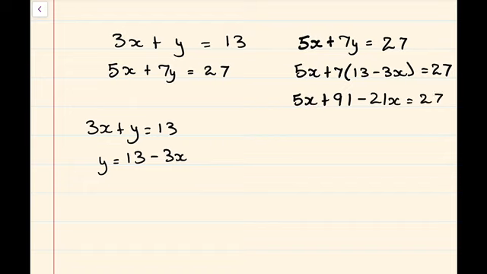So then we'll have 5x minus 21x is equal to 27 minus 91 when we take it over the equal sign. So 5 minus 21 is just going to equal negative 16. And we put back our x, and 27 minus 91 is equal to negative 64.